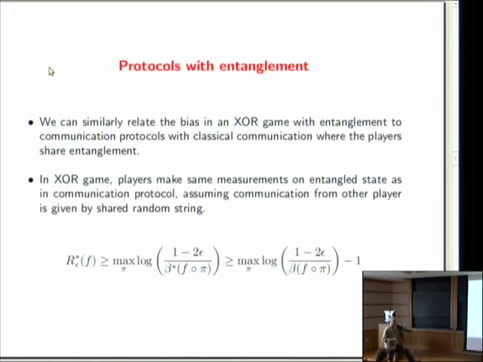But because of Grothendieck's inequality, I know that this is at most a factor of 2 larger than just the classical bias. So even showing upper bounds on the classical bias will give me lower bounds on randomized communication complexity with entanglement.